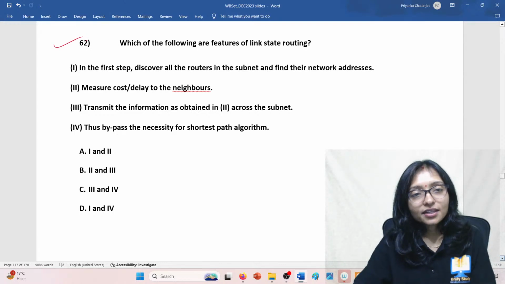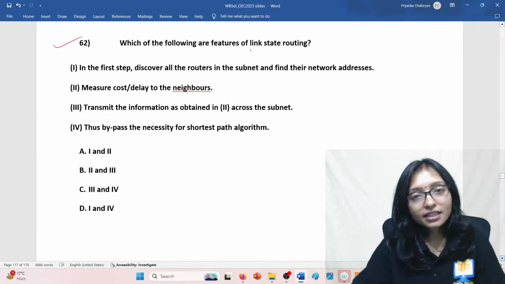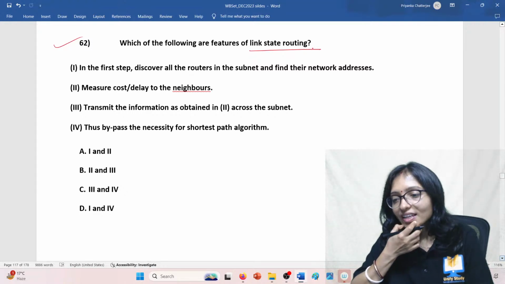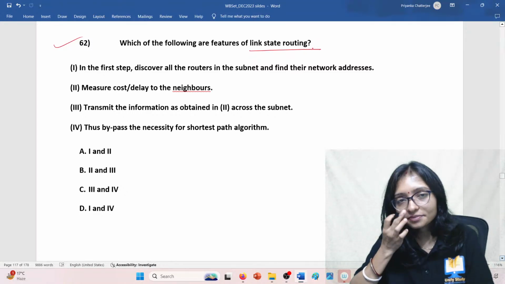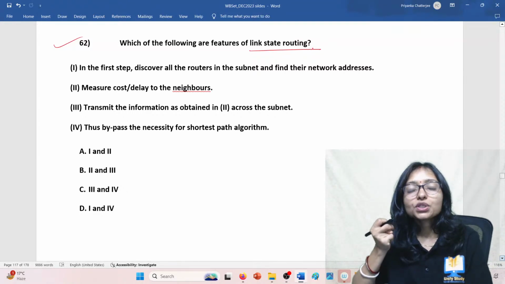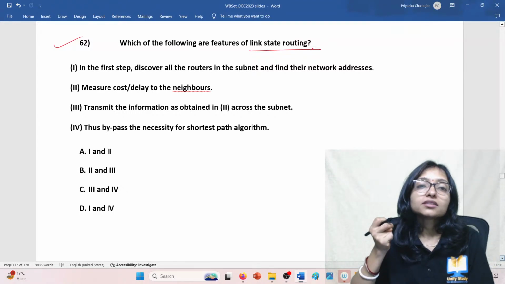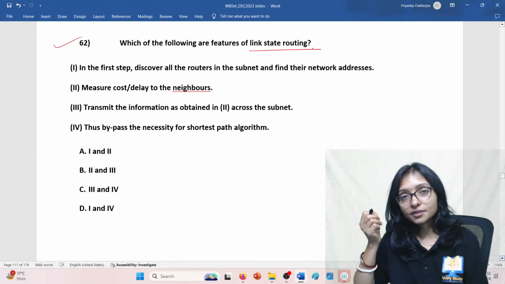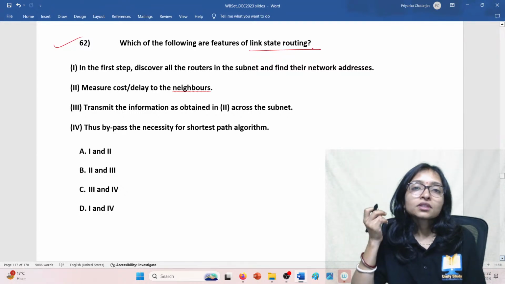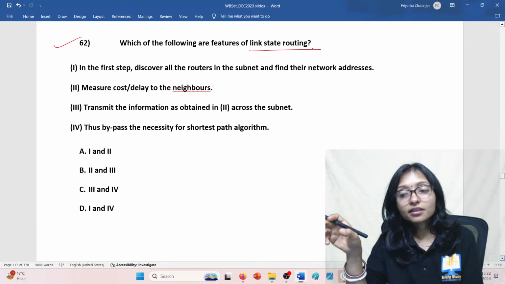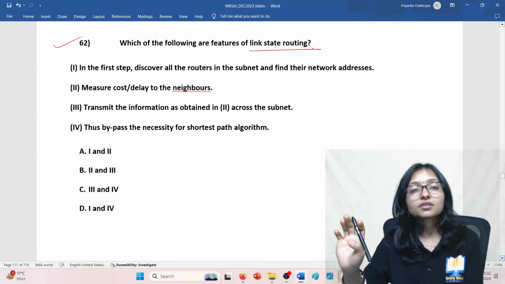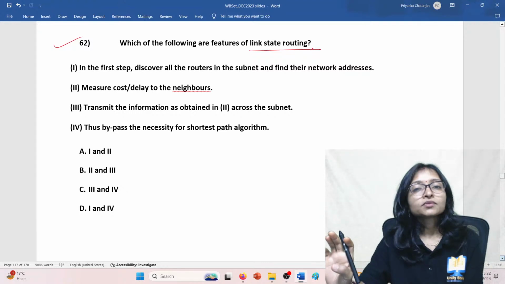Now do this. Which of the following are features of link state routing? Link state routing, and here different routing algorithms are very, very important. Must do it. It is very, very important for you.